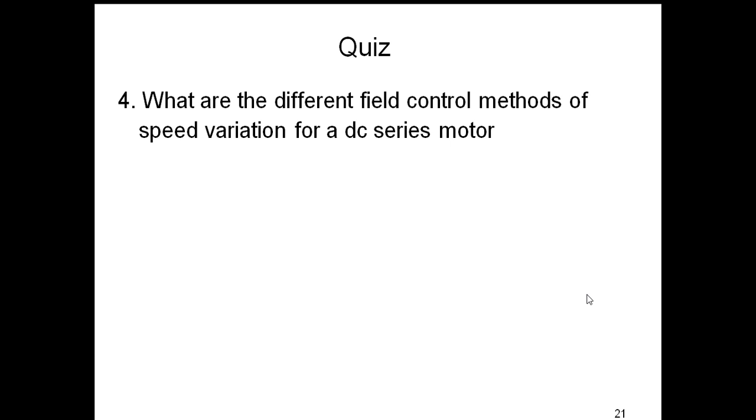Now let us see the fourth question. What are the different field control methods of speed variation for a DC series motor?